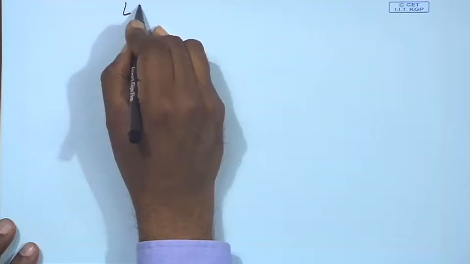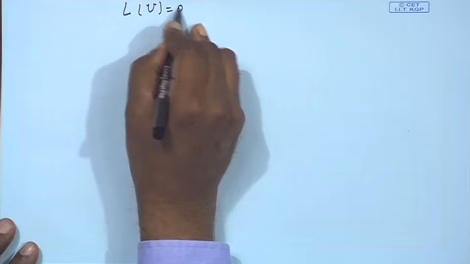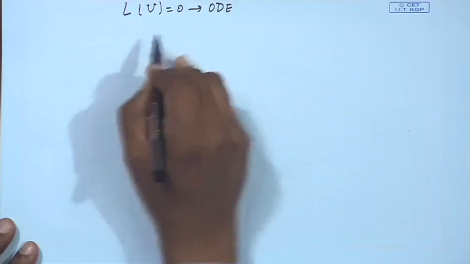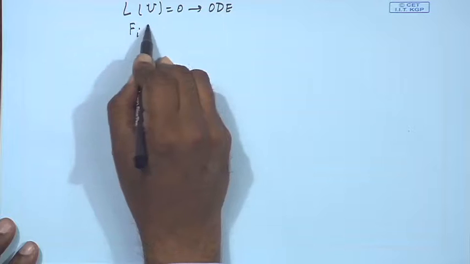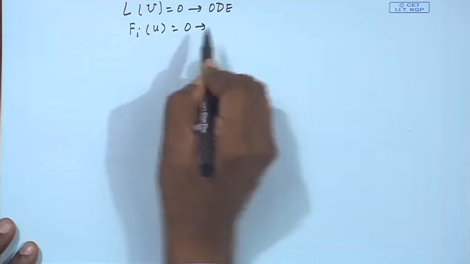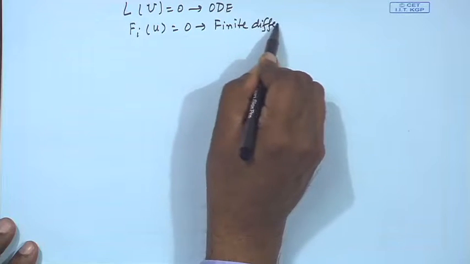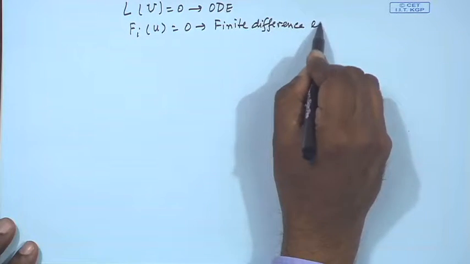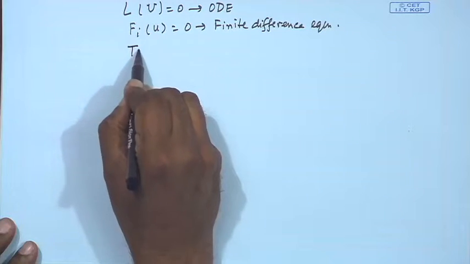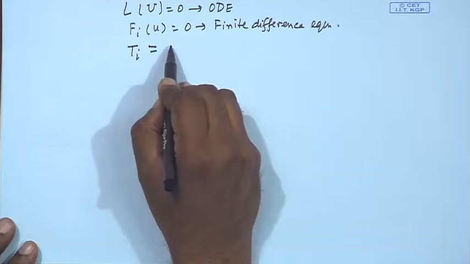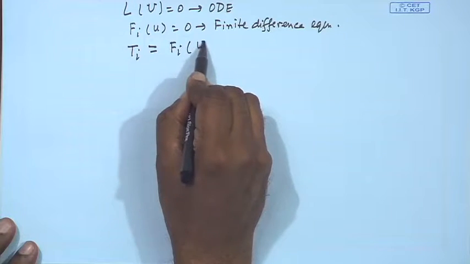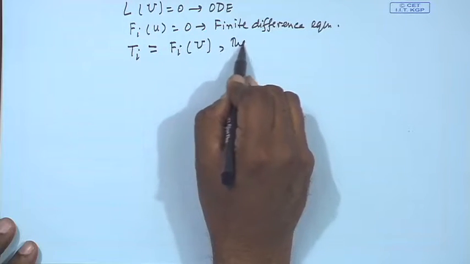The best way of finding the truncation error is this: if we call LU equal to 0 the ODE, and FU equal to 0 the finite difference equation, then the truncation error Ti is nothing but FiU, the truncation error.